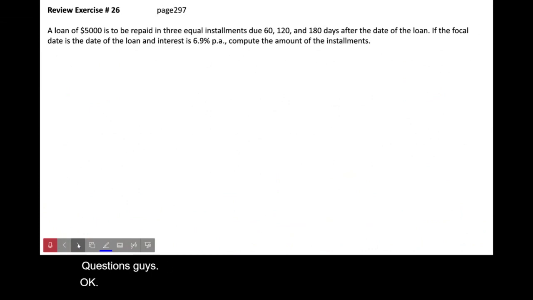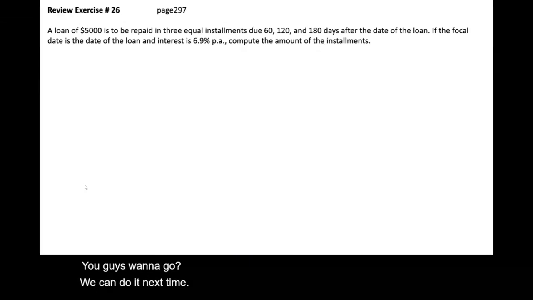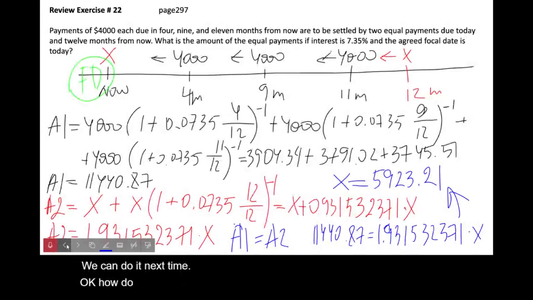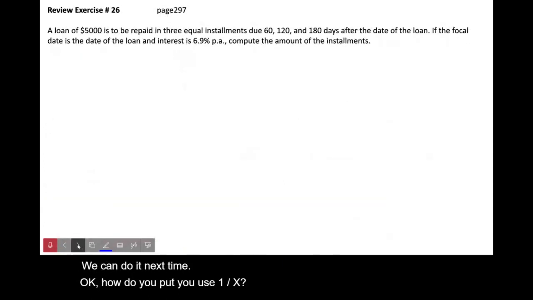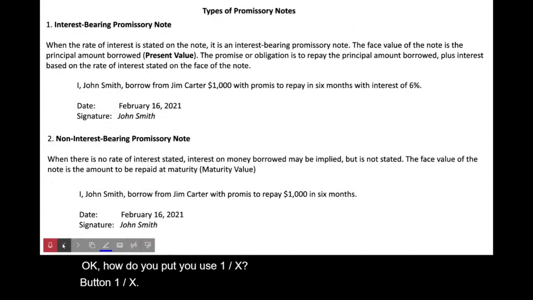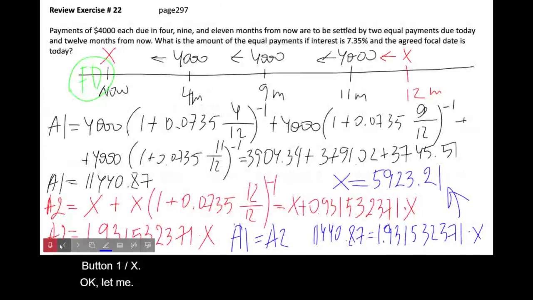Okay, let's have one more. Oh, you guys want to go? We can do it next time. Okay, how do you put the exponent? You use the 1 over x button. Depending on your calculator, it is a button 1 over x, or x to the minus 1.